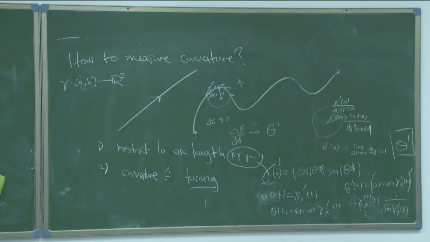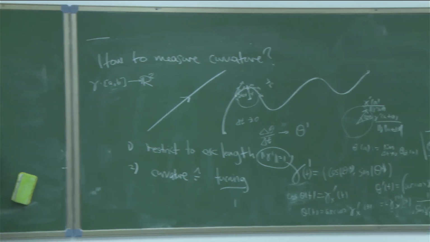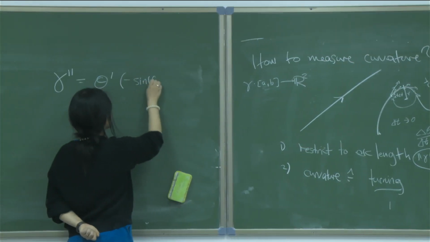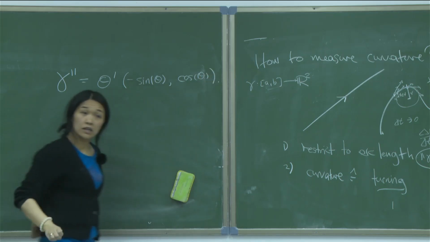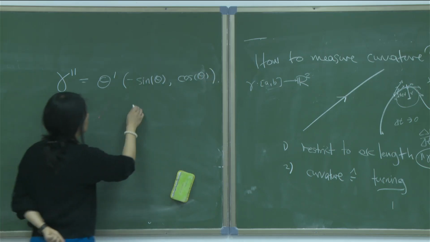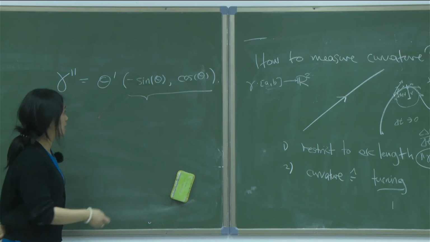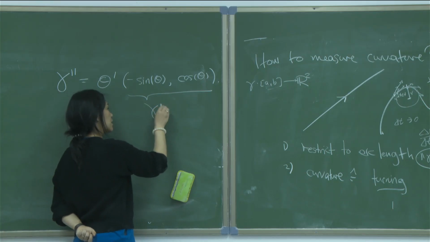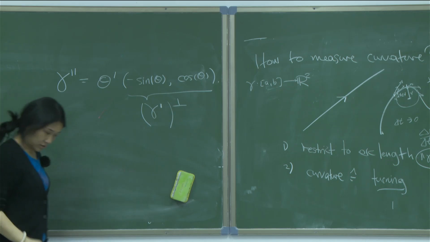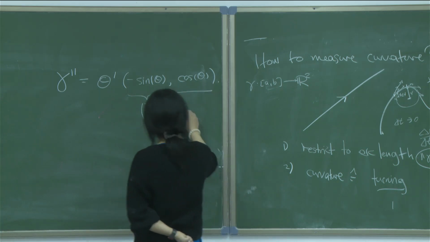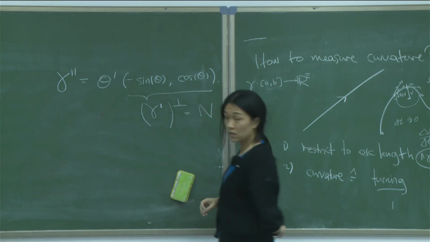But let me write it more easily: if I take the second derivative, I get theta prime times minus sine theta, cosine theta. But what is this vector? It is orthogonal. So this is a normal vector.